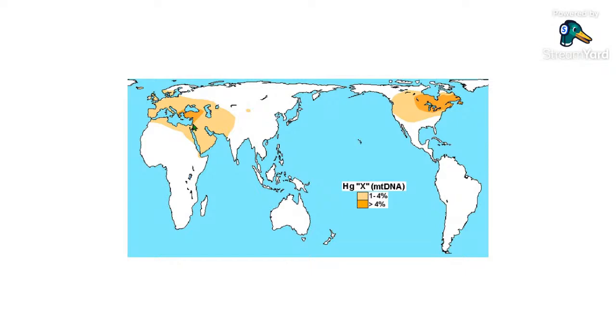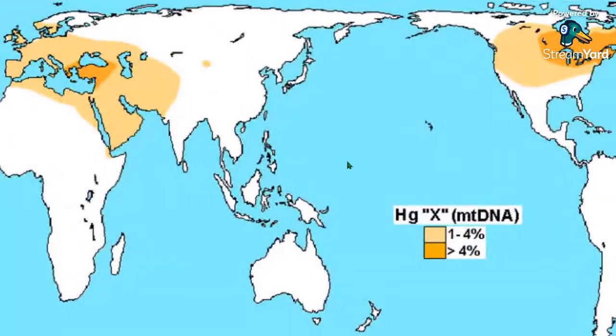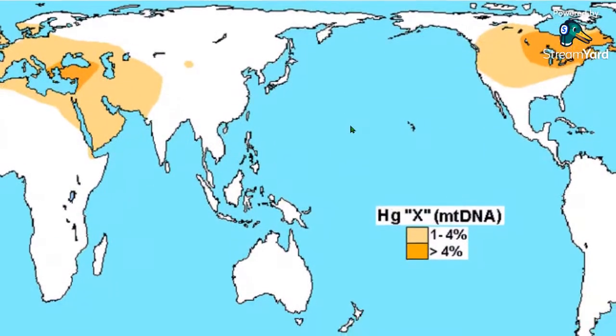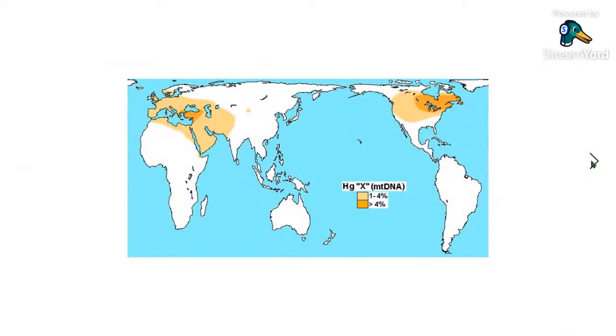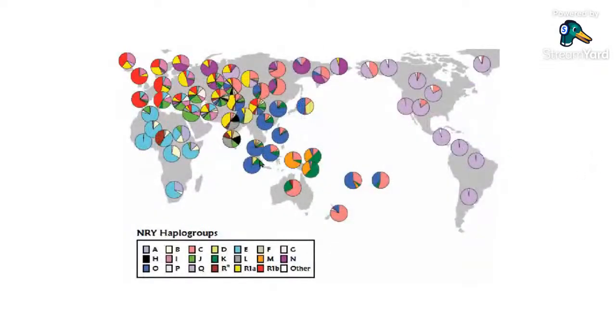So either it was taken from here and brought here, or it was taken from here and brought here, or back and forth. And here we have a zoom in as well. So that's more confirmations there.